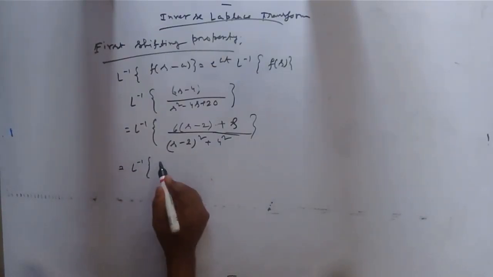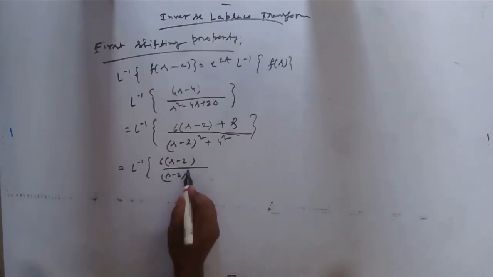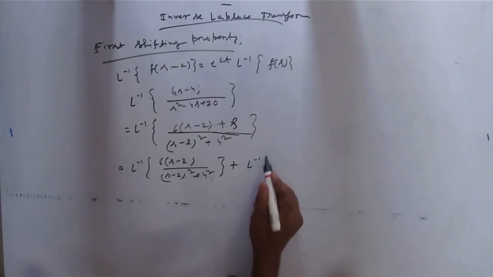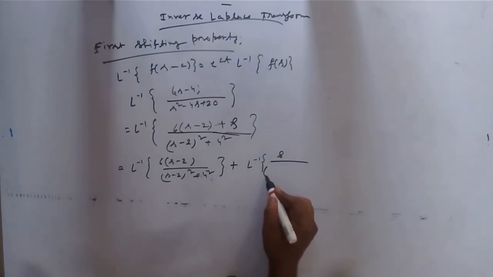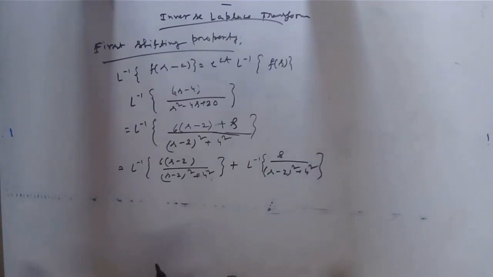Now this can be written as 6 into (s minus 2) by (s minus 2) whole square plus 4 square, plus L inverse of 8 by (s minus 2) whole square plus 4 square. Here, if instead of s minus 2 there was s, then it was s by s square plus 4 square, and that is the inverse Laplace of cos 4t.